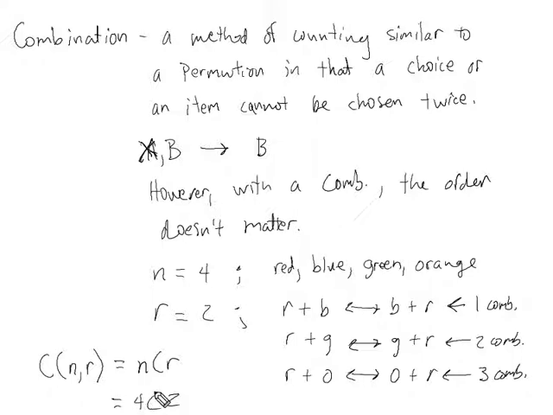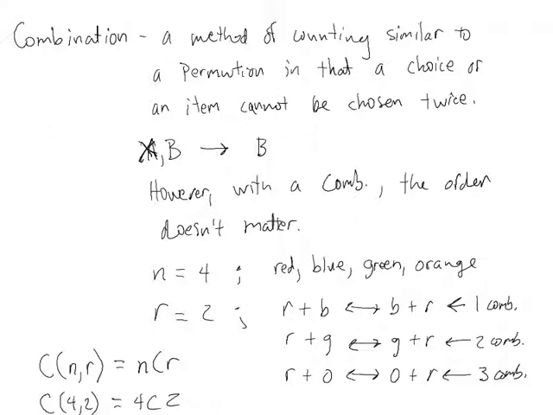When we say choose, that specifically refers to a combination. Likewise, we could write this as C(4, 2). Okay, so you should have some idea what we're doing here.